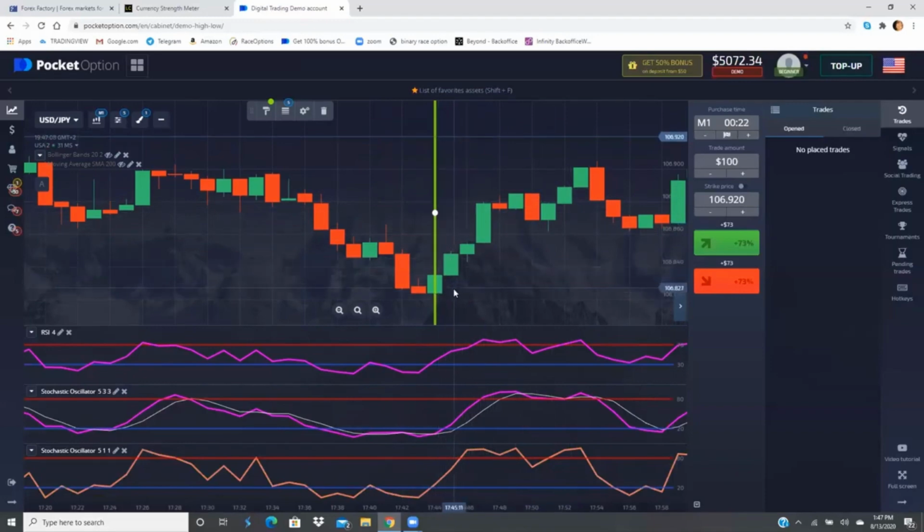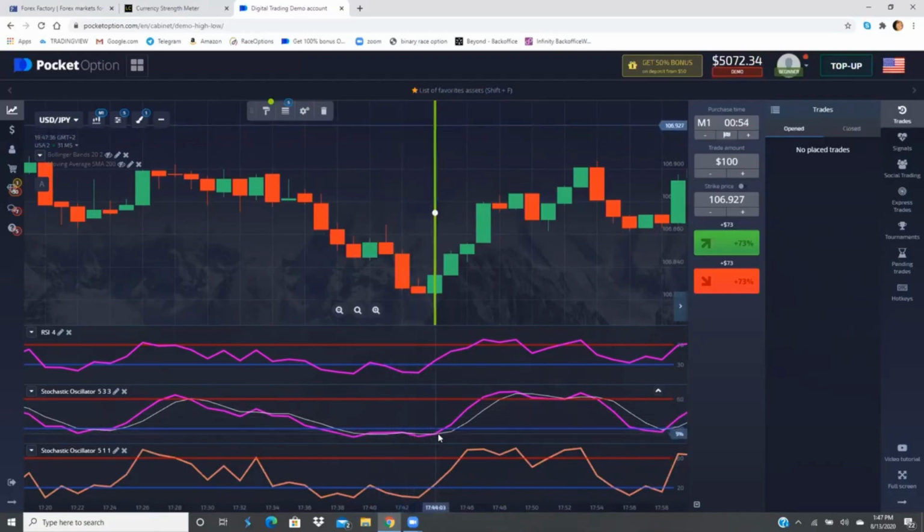So let's see what happened down at the bottom with our indicators. We're going to talk about each one. The RSI was oversold and it turned back around up. It hit the blue line for the buy indication. So that's one indication down here, check. The stochastic oscillator, the 5, 3, 3, was oversold and we wanted to wait for the buy.